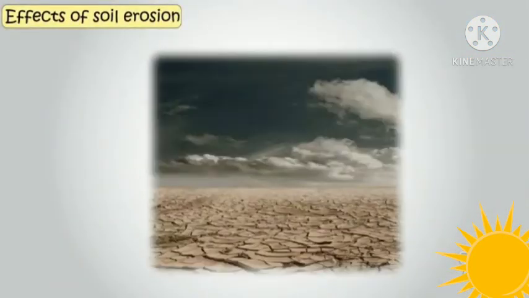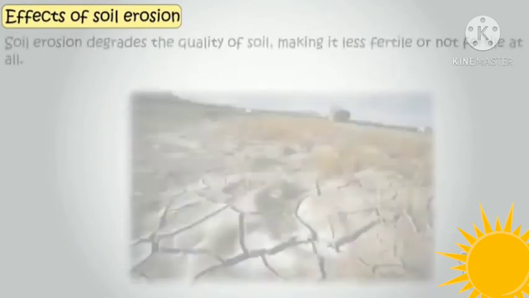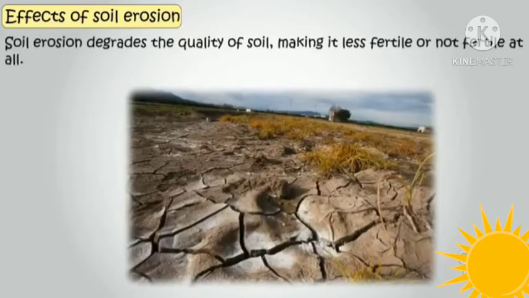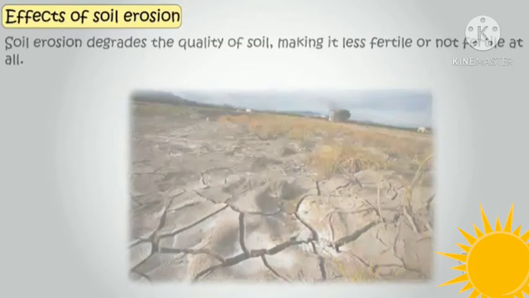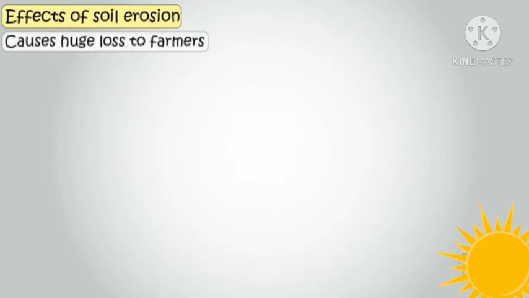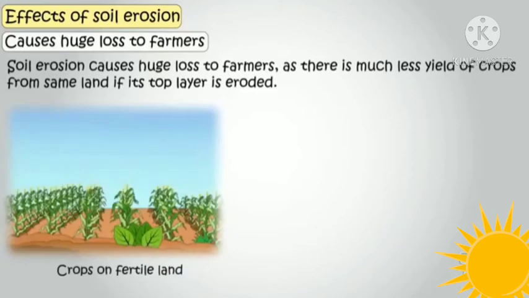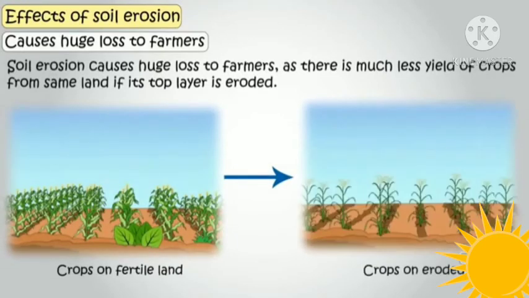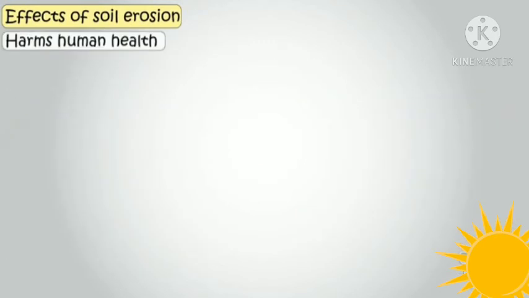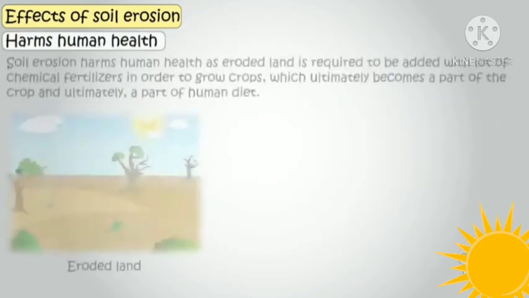Effects of soil erosion. Soil erosion degrades the quality of the soil, making it less fertile or not fertile at all. Causes huge loss to farmers. Soil erosion causes huge loss to farmers as there is much less yield of crop from the same land if its top layer is eroded.